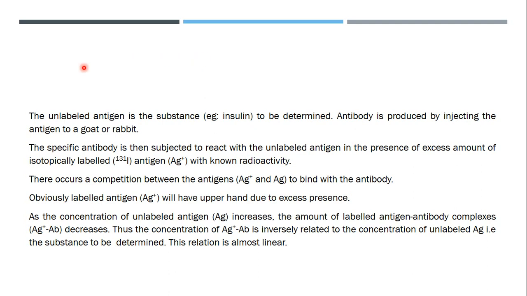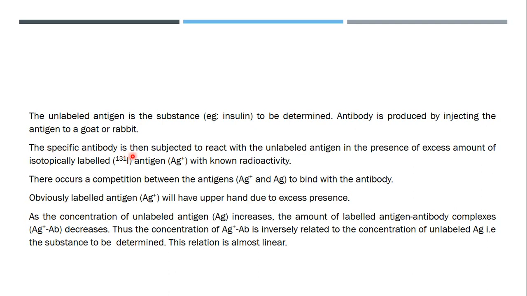So what we will do, we will take an unlabeled antigen, that is the standard antigen insulin, known concentration of insulin we will take, and we are going to inject it into the goat or rabbit, so antibodies will be produced. Now these antibodies we will utilize for our RIA procedure.